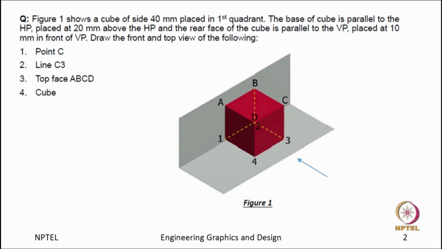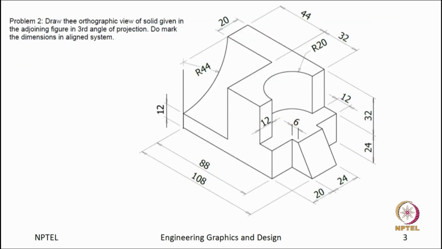The second question we are having here is another simple object and we have to draw all the orthographic projections of this simple object. Both of the things have already been covered in the class. Today we will do the practical and we will see how to do it.